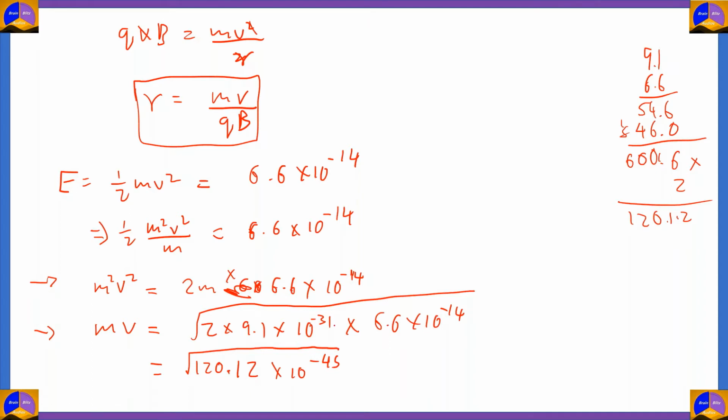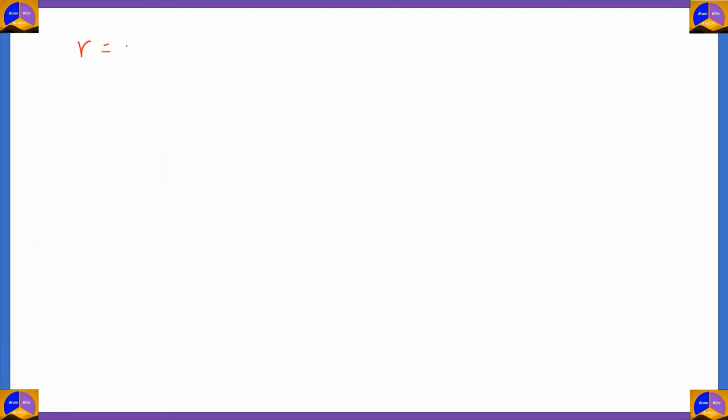So now we got the value of mv. Let's apply this value in the equation. So r is equal to mv divided by qB.